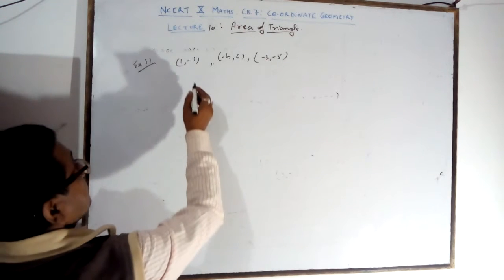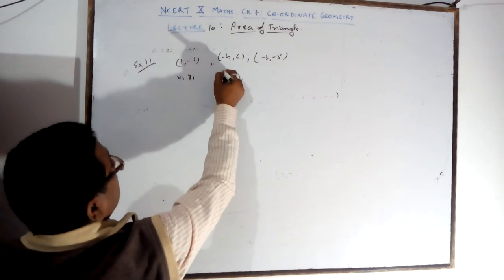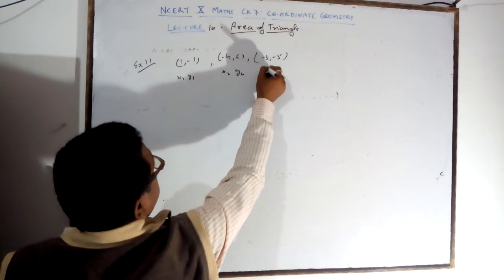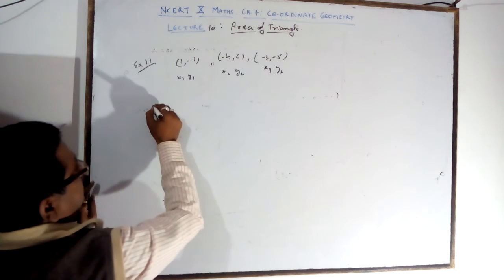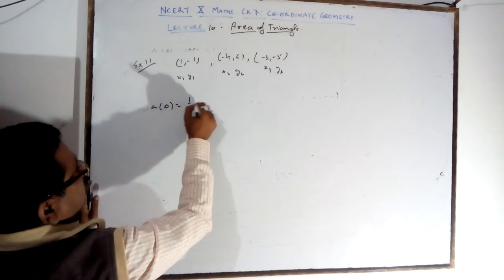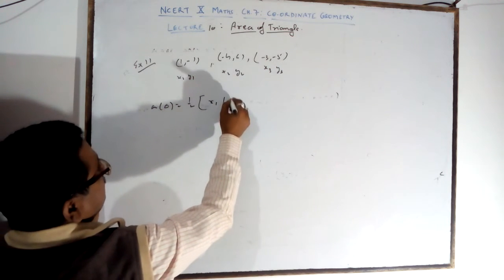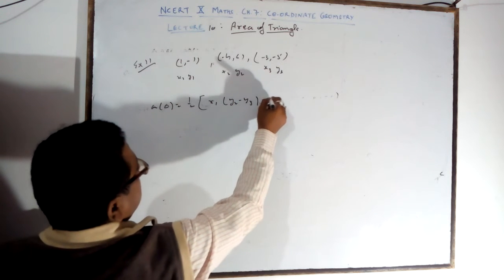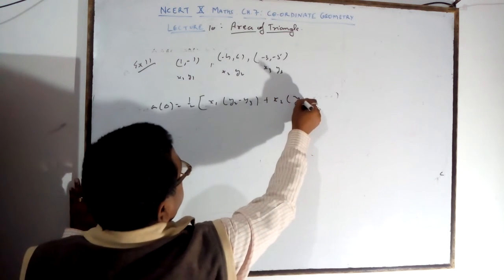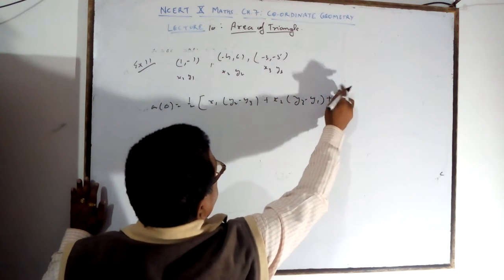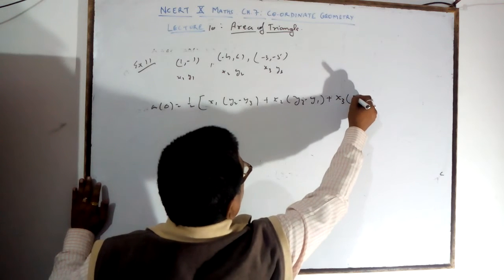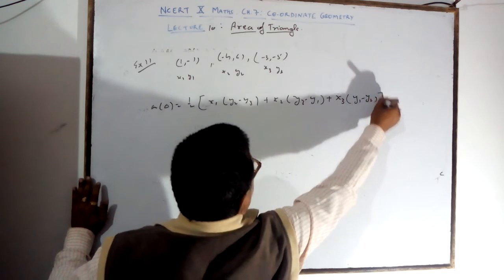How will you get the area of this? It is x1, y1, it is x2, y2, it is x3, y3. No figure. Area of triangle is equal to half x1, y2 minus y3, x2, y3 minus y1, x3, y1 minus y2. You learn this.